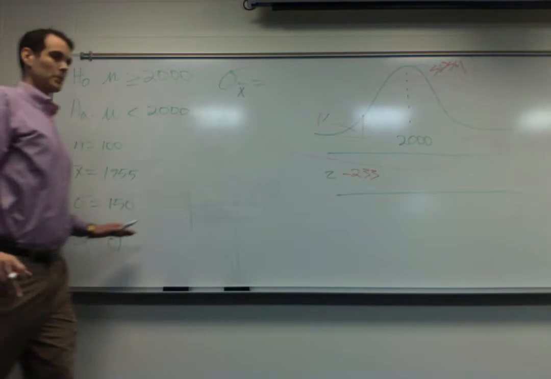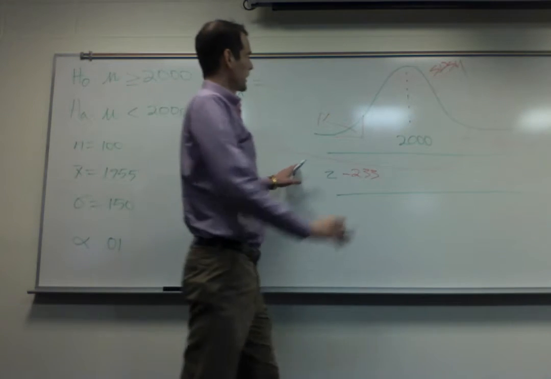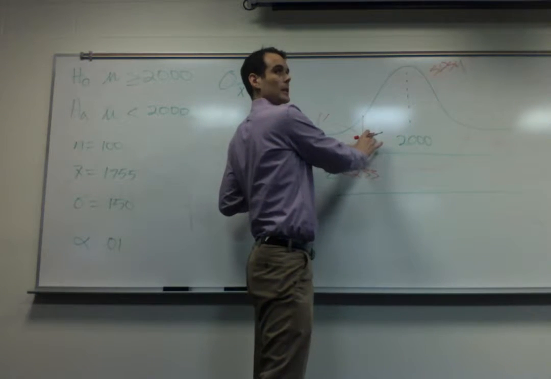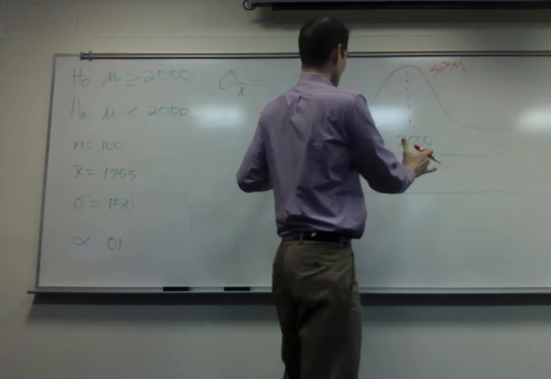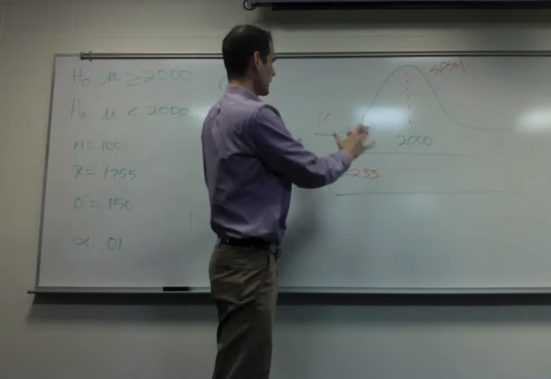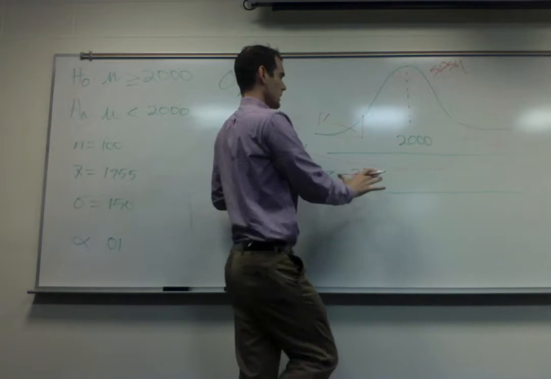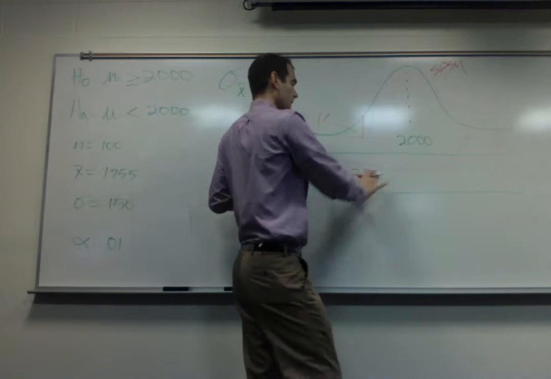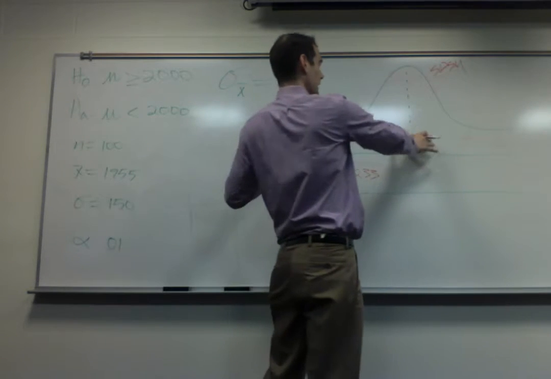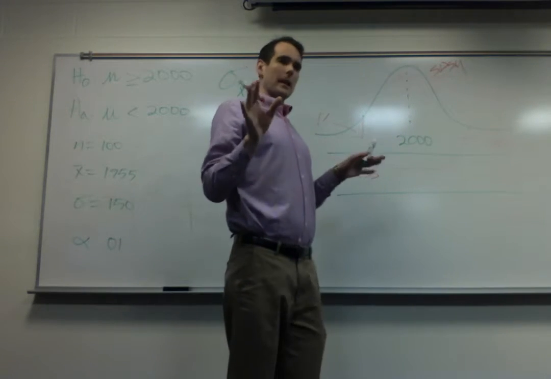What is the question, Laura? Why is it negative? Because we're only interested in the negative side of the tail. If we look at this in terms of z's, this 2,000, the number would not be negative, but the z would be negative. The z table standardizes everything.